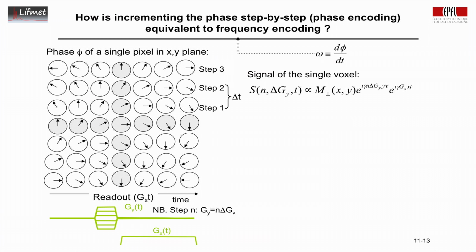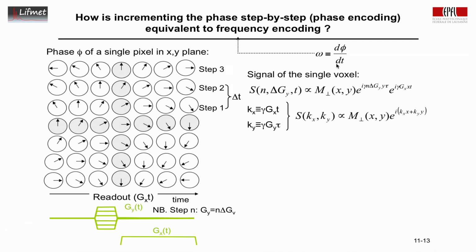So this is our signal of the individual voxel. And now I will introduce the definition of two variables, kx, that's gamma Gx t, and ky, which is gamma Gy tau. These are the phase terms. With these definitions, we can rewrite our signal as a function of kx and ky.